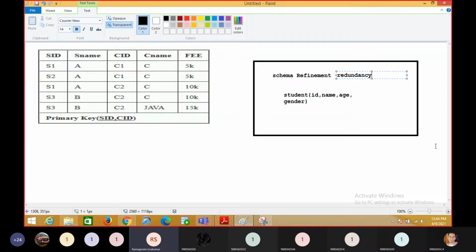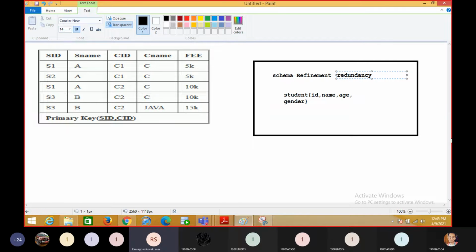So what is the problem in our database? We have duplication, which means copies of the same data. We are creating a number of copies, and because of that we are wasting our memory and getting confusion, right?